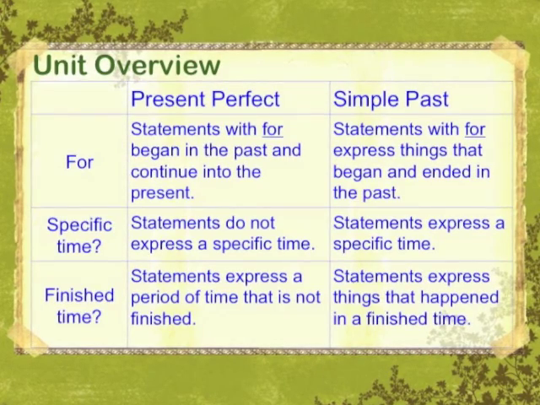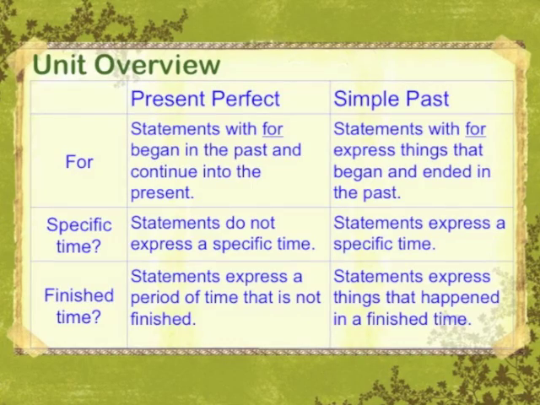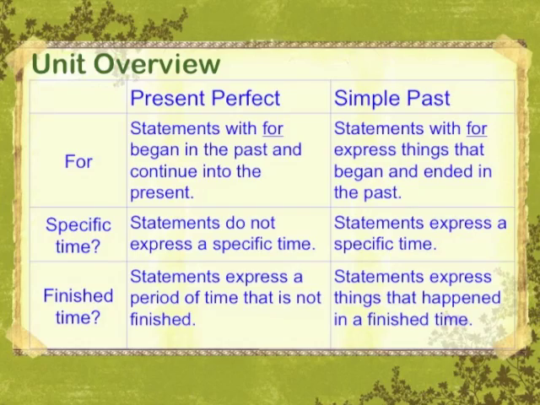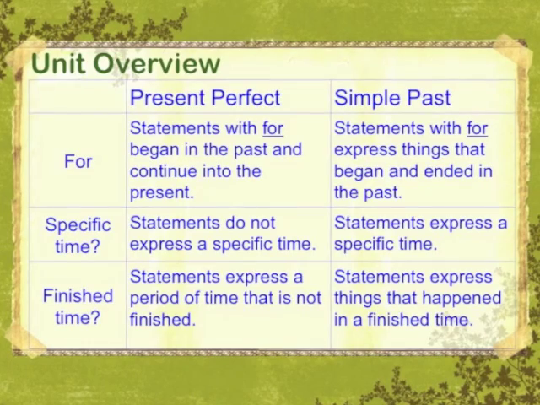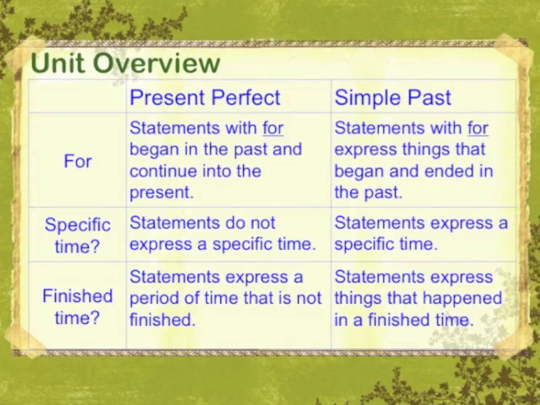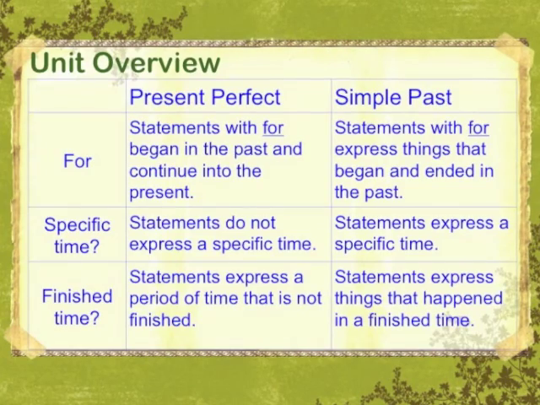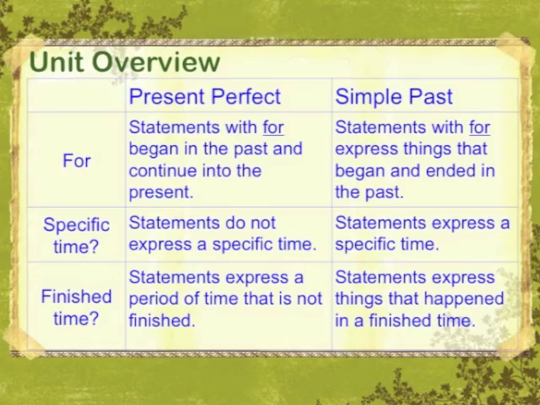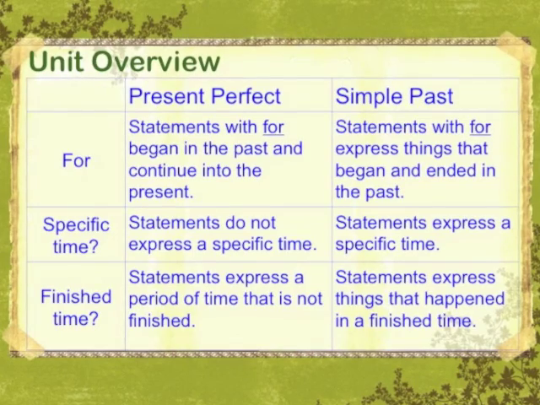For the statements with for in the simple past, the events began and ended in the past. For present perfect, statements don't express a specific time, but for the past, they do express a specific time.